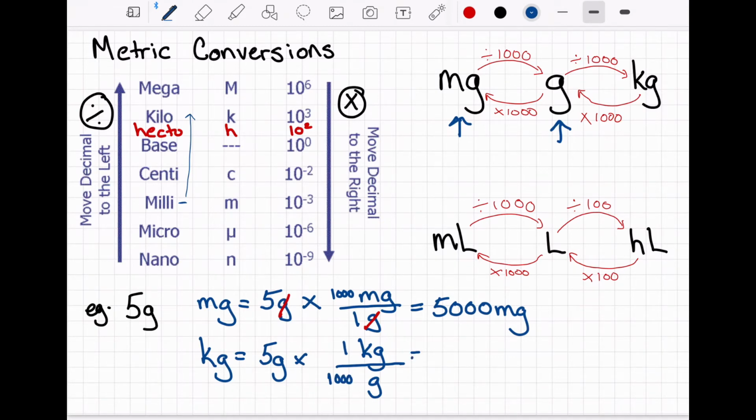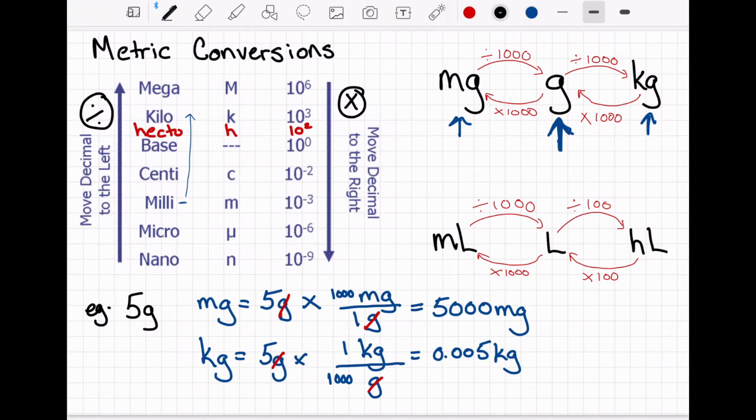And so when we cancel out our units, but not the numbers, and we compute this out, we will get 0.005 kilograms. So we essentially divided 5 by 1,000. And so when we want to go from grams to kilograms, we are dividing by 1,000. And that's exactly what we did there.